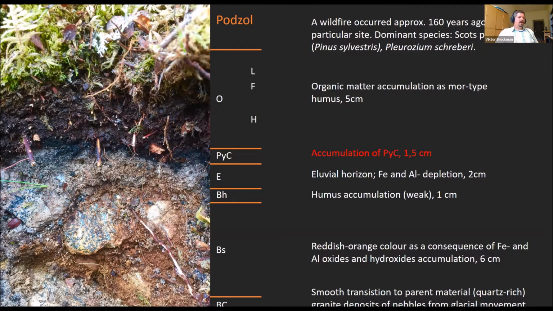You have some translocation of this pyrogenic carbon into deeper soil horizons, where it is, of course, more stable, protected from decomposition, protected also from fires that occur later on. But this is obviously a very slow process, and most sits here at the interface between organic and mineral soil horizon.